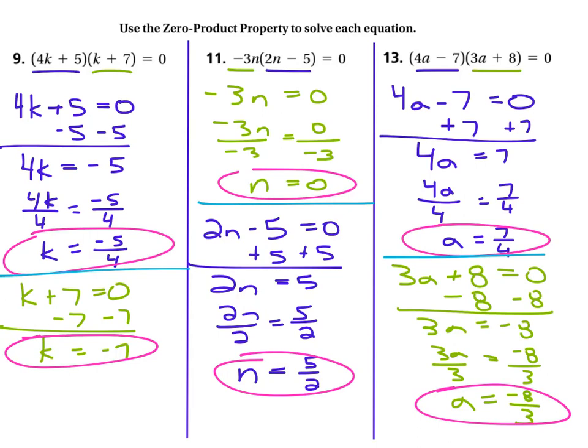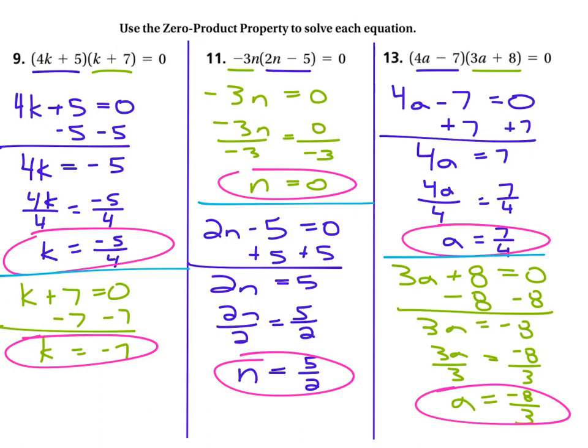Just to be clear, looking at number 13, the one that I just did, you're not allowed to put 7/4 in for a in the first one, and then put negative 8/3 in for a for the second one. Whenever you replace a variable with a value, you've got to use that same number, that same value, everywhere you see it.